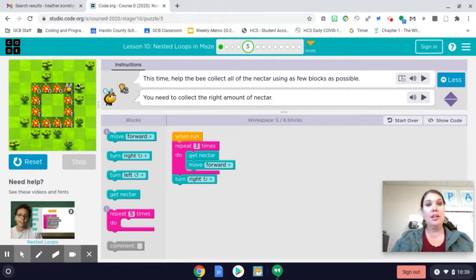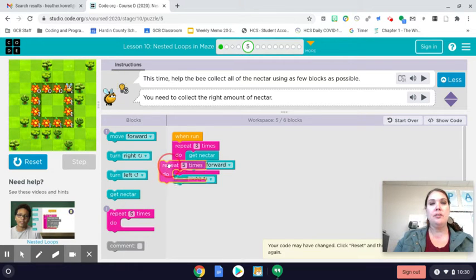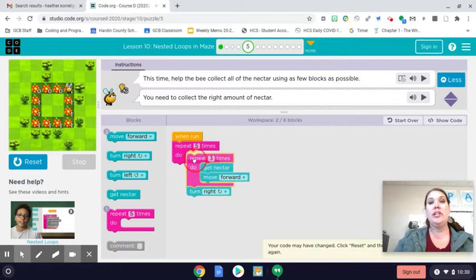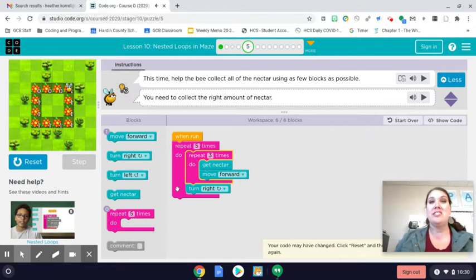When I'm looking at where my bee is, what's he going to do? Get nectar, move forward. Get nectar, move forward. Is that the same as what I've already written? Yes. So you can actually take this block and take everything that you've written so far and put it inside. This is where the nested loop comes in, okay?